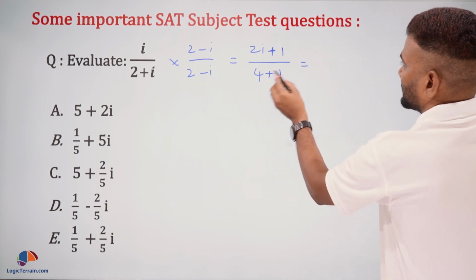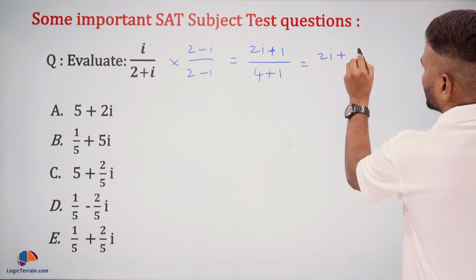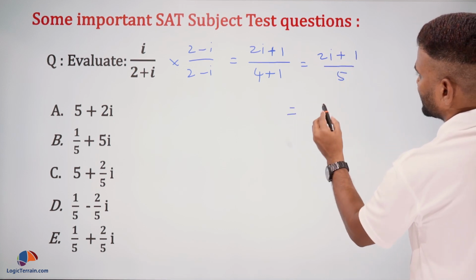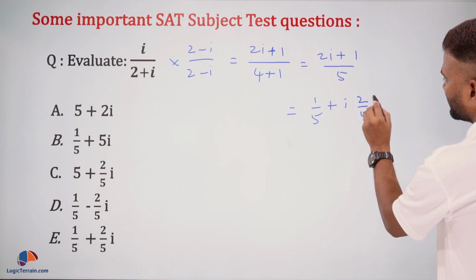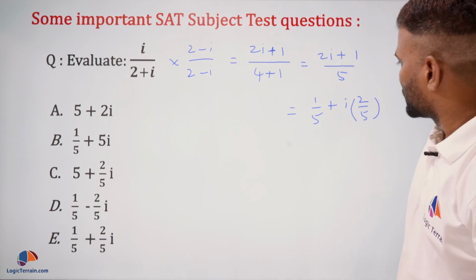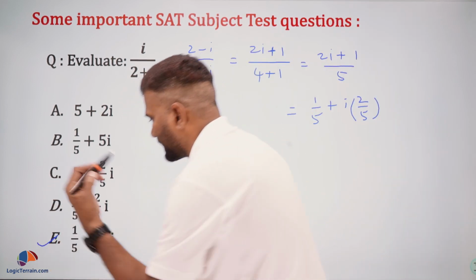This becomes 2i plus 1 upon 5, which is nothing but 1 upon 5 plus i of 2 upon 5. So the correct option is E.